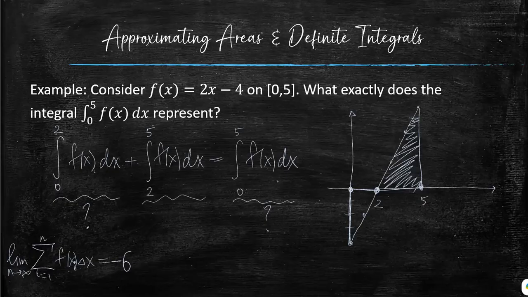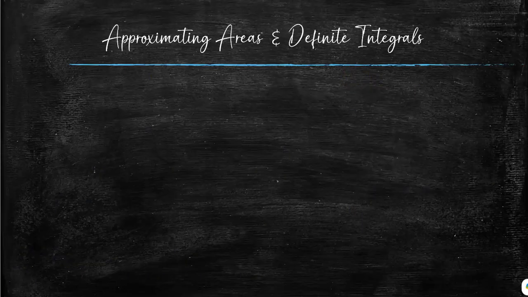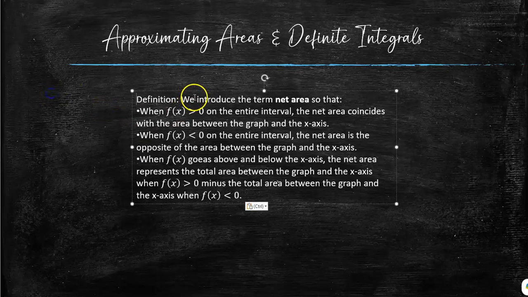Why? How could it be? Well, what this means is that -6 cannot be the area, because area can only be positive. So it's not the area. What is it then? In order for us to make sense of what we're seeing here, we have to introduce a new term. It's called the net area.